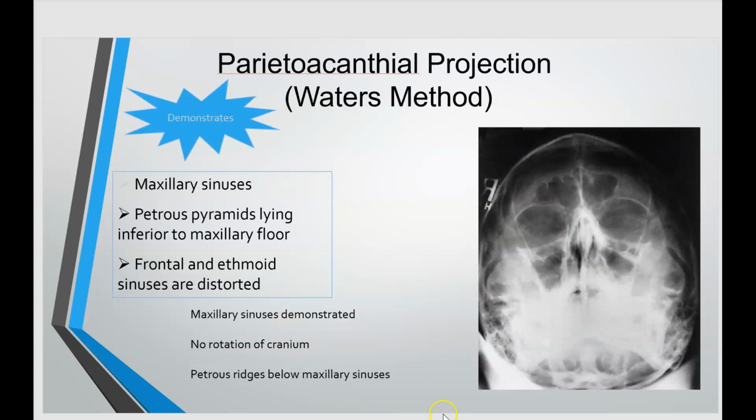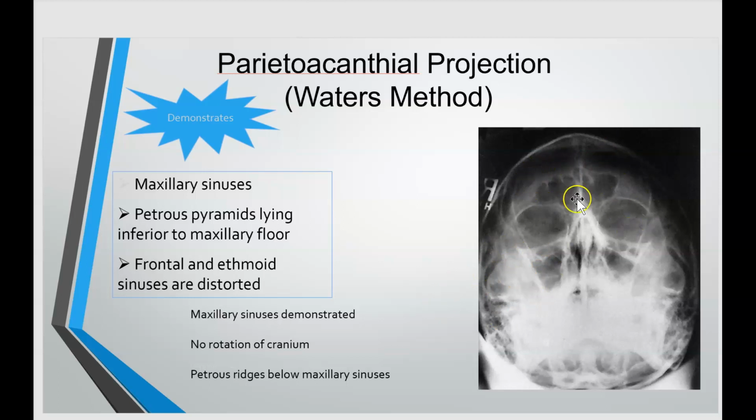Okay, that's what this is going to look like here. This is your Waters sinus view. It's going to demonstrate best the maxillary sinuses, okay? The petrous pyramid should be inferior to your maxillary sinus floor, okay? You should see all of your maxillary sinuses if you've hyperextended your patient's neck enough and have that good 37-degree OML angle.